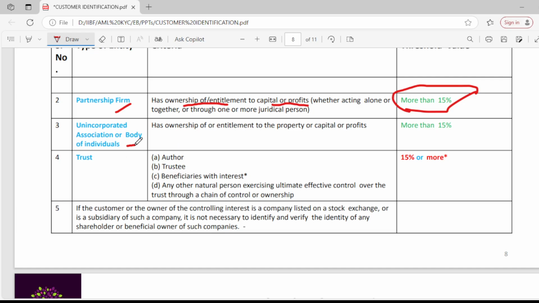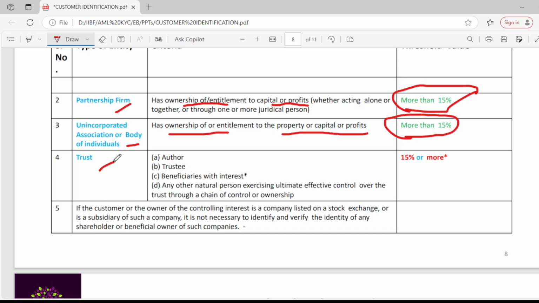Third entity is unincorporated association or body of individuals. A natural person who has more than 15% ownership or entitlement in terms of property or capital or profits can be treated as beneficial owner to that association.